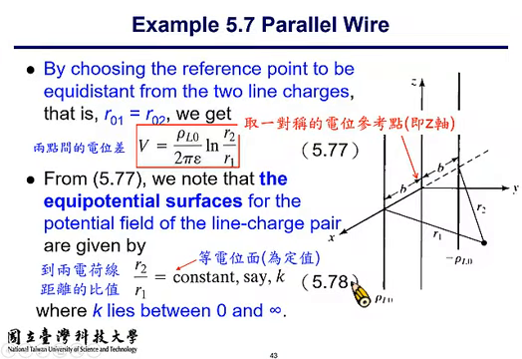So by using the fact that R sub 01 equals R sub 02, the potential established by the two-wire arrangement can be simplified as this.